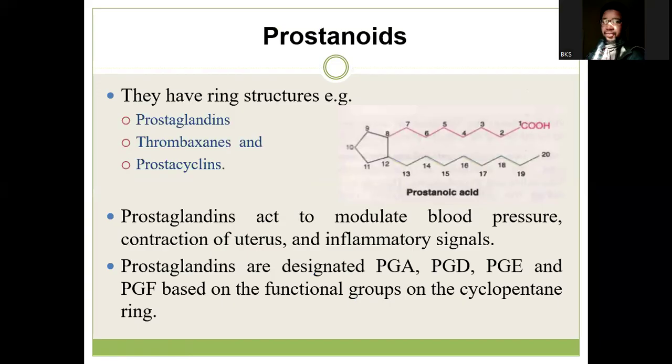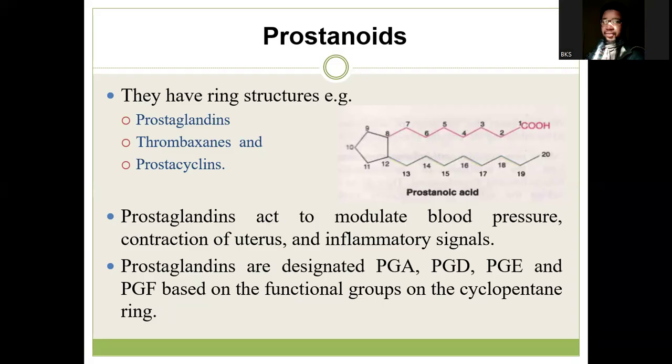You can see the structure of the 20 carbon arachidonic acid, but in it there is no pentacyclic ring that we can see in the general prostanoic acid. So what is distinct in prostanoids is this ring structure, the pentacyclic ring structure.